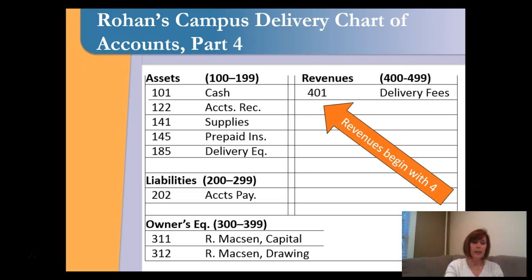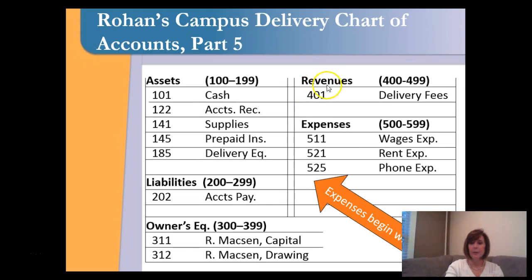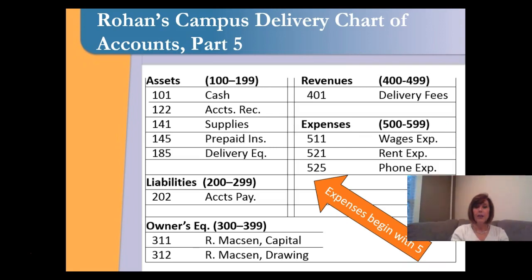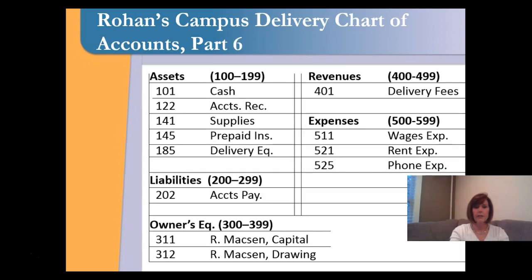We've got our assets, our liabilities, our owner's equity, and under the umbrella of owner's equity, that includes our capital account, the draw, the revenues, and the expenses. And so as you see, the expenses are numbered in the 5 sequence.